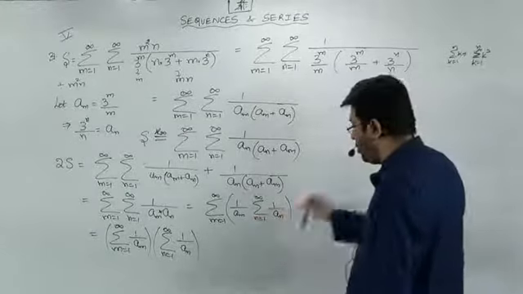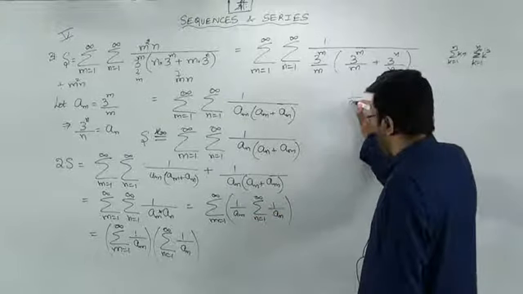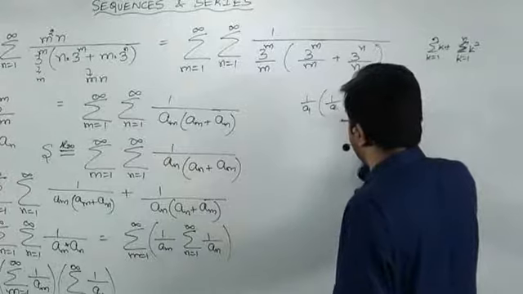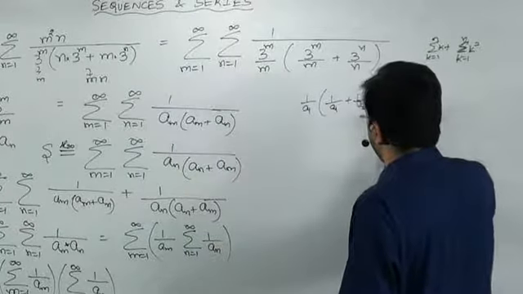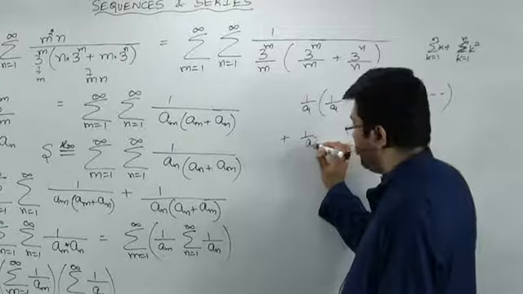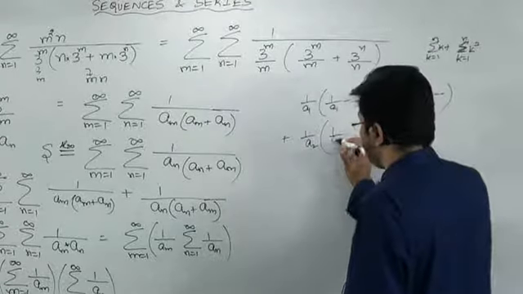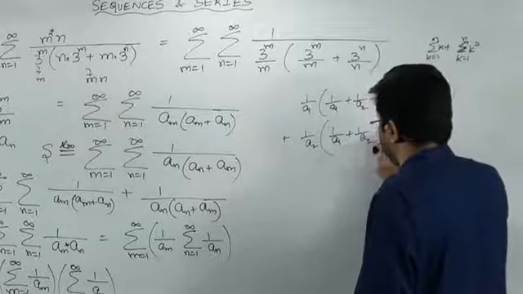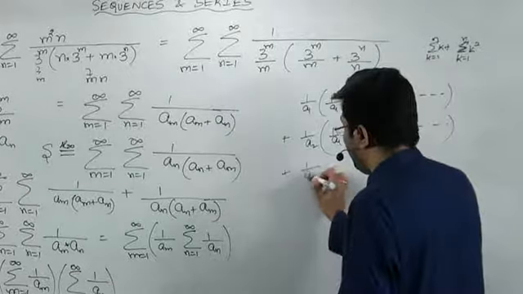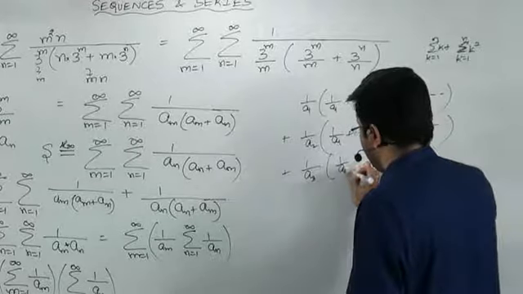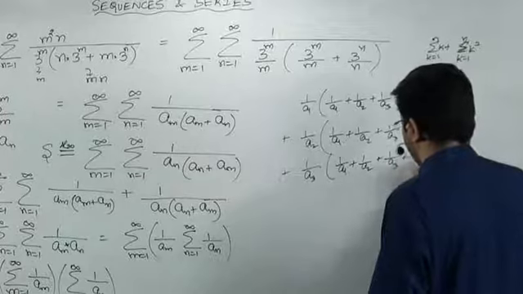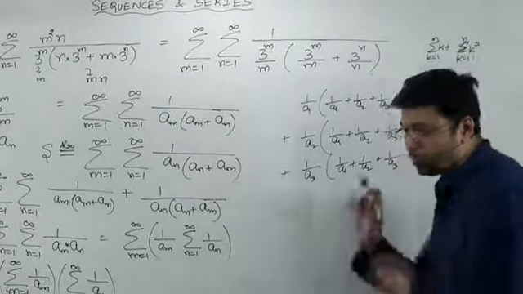Now what is this? 1 by a1 times, plus 1 by a2 times, then 1 by a3 times, and so on.